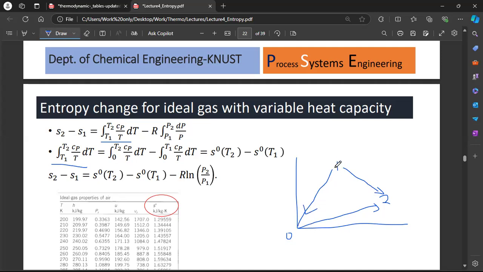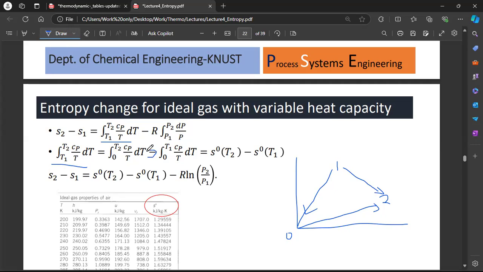Right? So if I'm starting at 1 and I want to end at 2, I can move from 1 to 0 and then from 0 to 2. So that's what we are just trying to say over here.